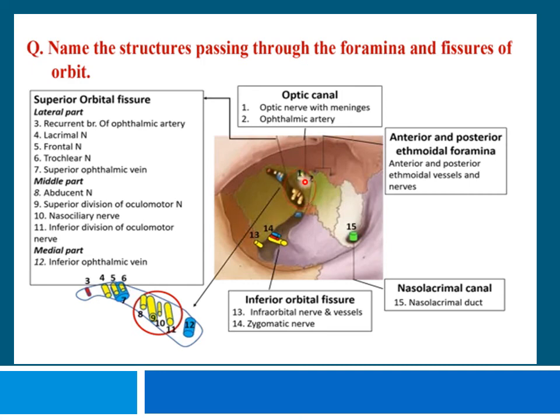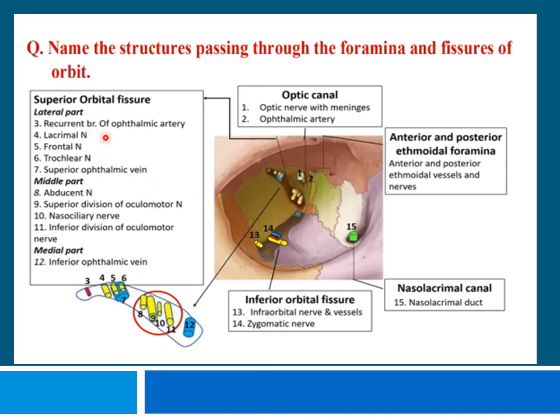Remember, dear students, this topic will be discussed again in the chapter on the orbit and extraocular muscles, where we shall tell you again about the boundaries of the orbit and the various foramina present in the orbit. The superior orbital fissure is divided into three parts: the lateral part, the middle part, and the medial part.